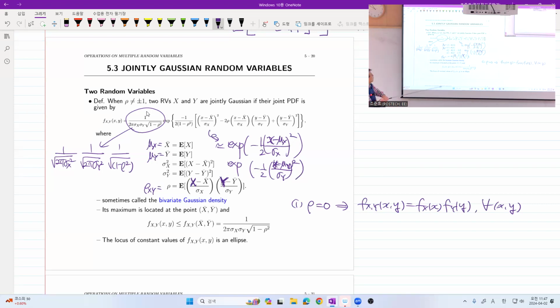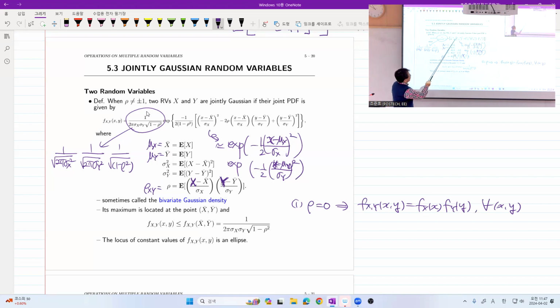And as you see from the form of the joint PDF, it's e to the negative something times the quadratic function of the standardized x and y, right? And as you remember from this law, this is always non-negative.